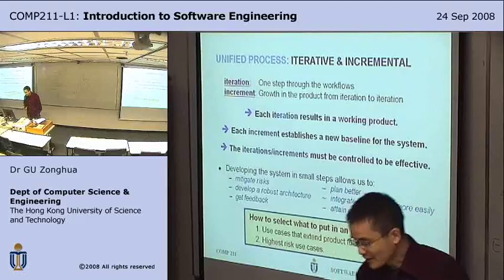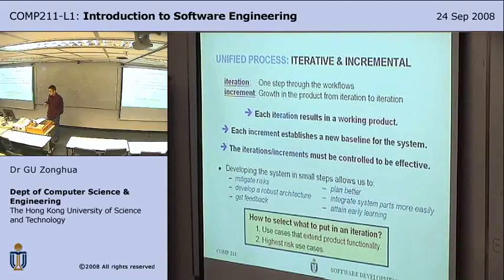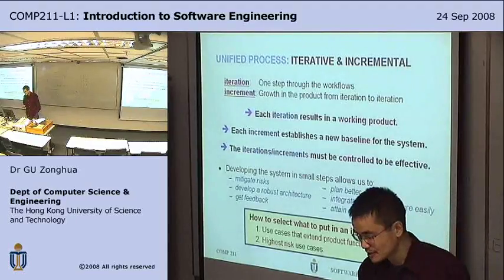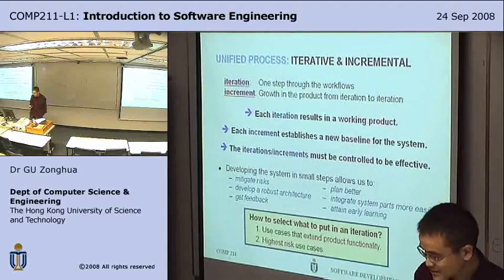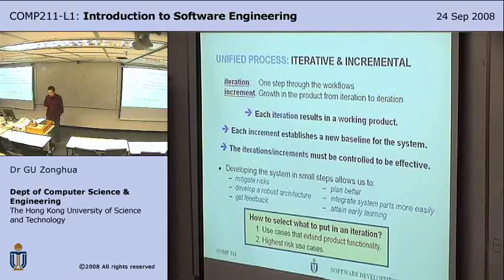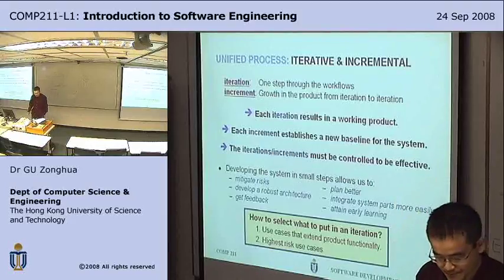And then you gradually add more functionality as you go to a later iteration. So again, you'll see that it's use case driven, where the use cases define the goals and drive the work of the iterative and incremental process.